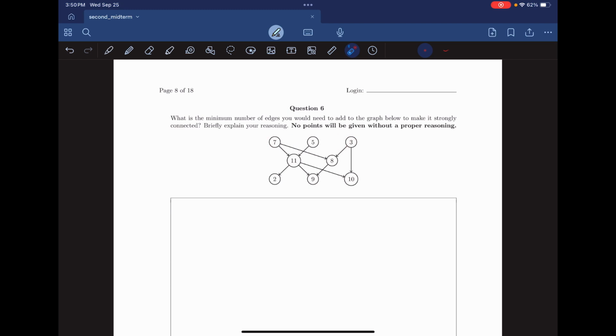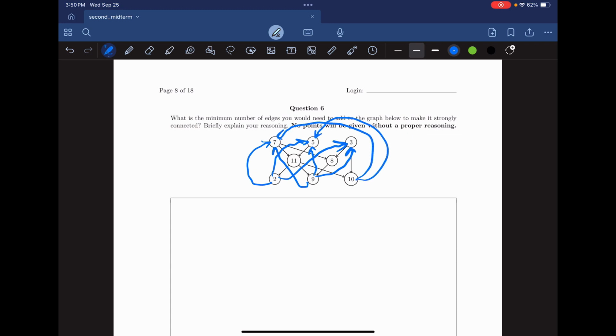What I think several people are going to instinctively do is just say, okay, let's make it simple. Let's put an edge from 2 to 7, an edge from 2 to 5, an edge from 2 to 3, an edge from 9 to 7, an edge from 9 to 5, an edge from 9 to 3, an edge from 10 to 7, an edge from 10 to 5, an edge from 10 to 3.